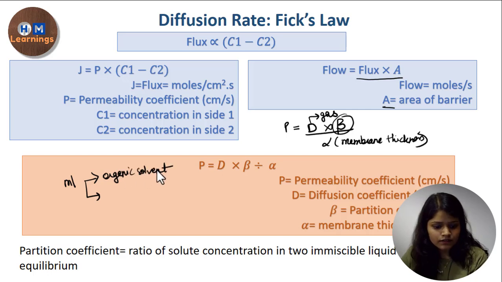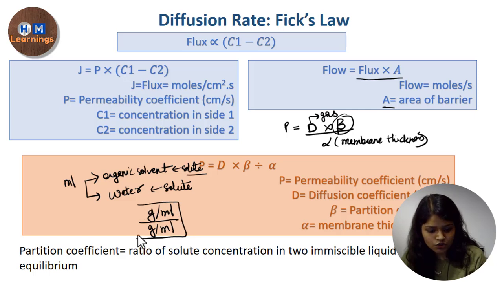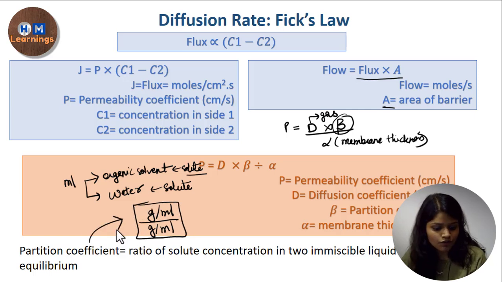These are not soluble with each other. You add the same solute into this, and then you see what the concentration of the solute is in the organic solvent and what the concentration of the solute is in the water, and you derive the ratio. This is the partition coefficient.